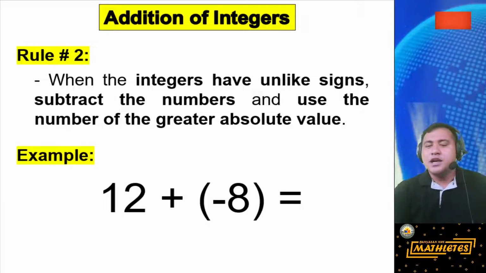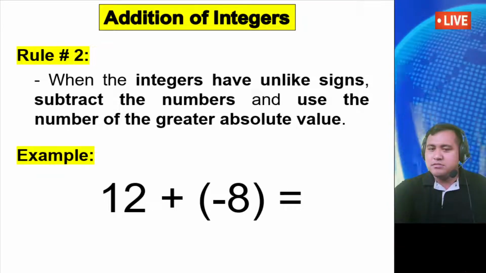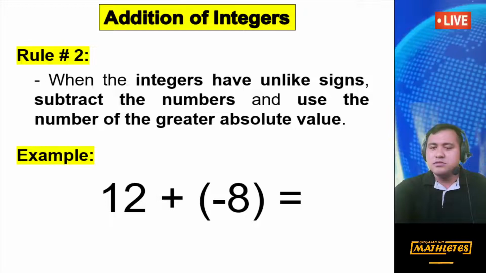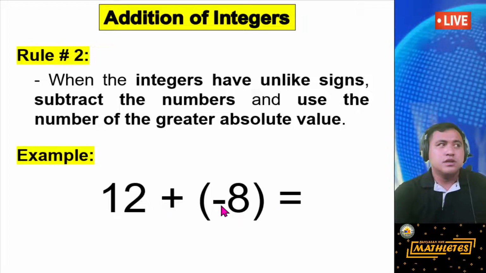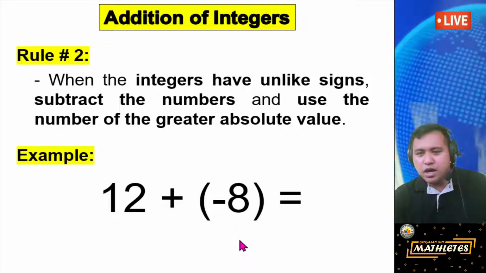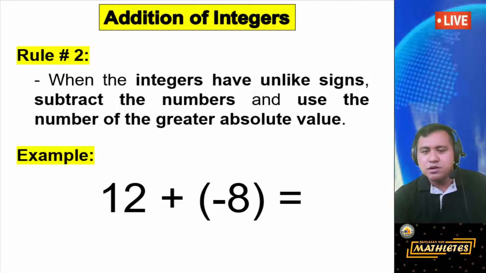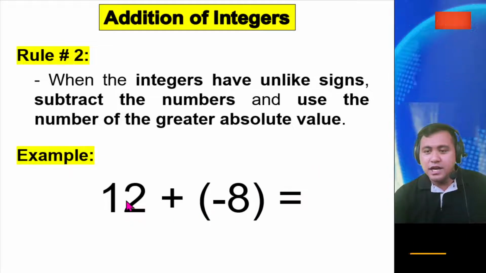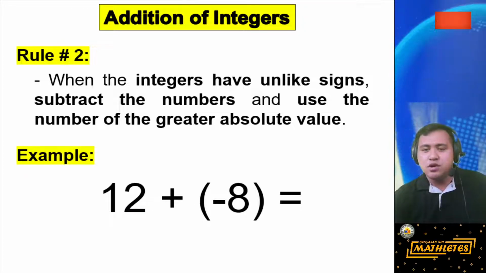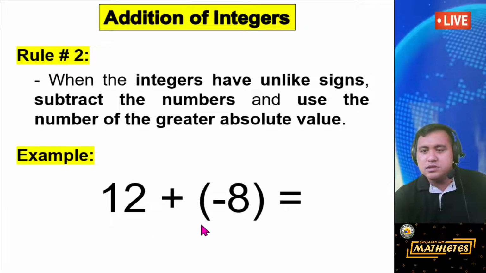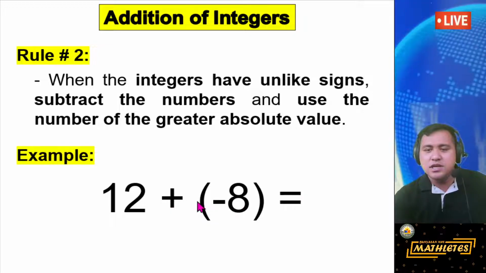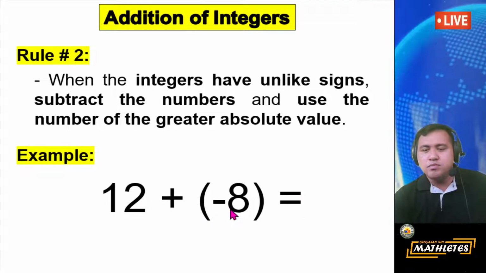Okay? Ang another is 12 plus negative 8. Which of these two have a greater absolute value, 12 or negative 8? So we have 12. What is the sign of 12? That is positive. So automatically our answer is positive. Because these two numbers have unlike sign, we are going to subtract 12 minus 8.